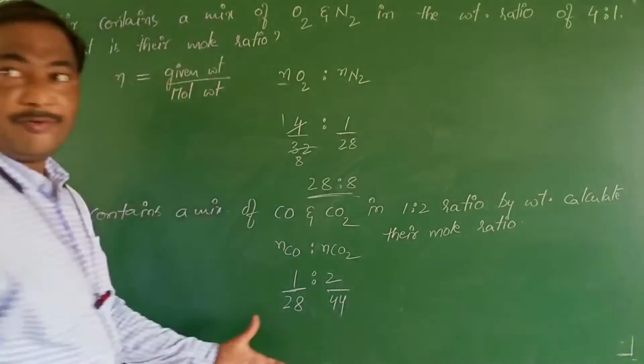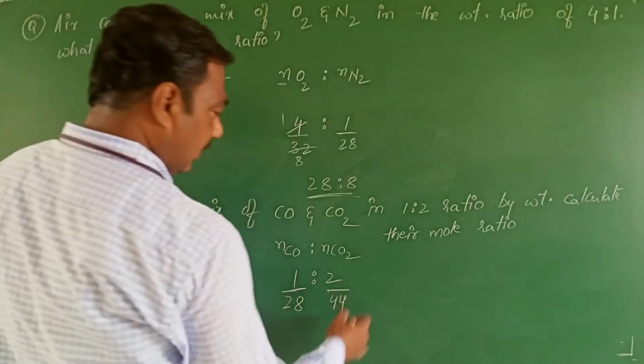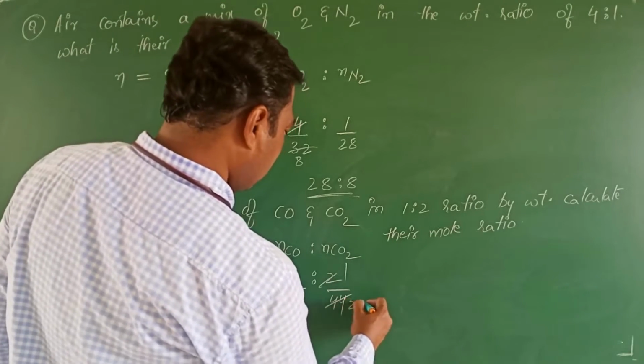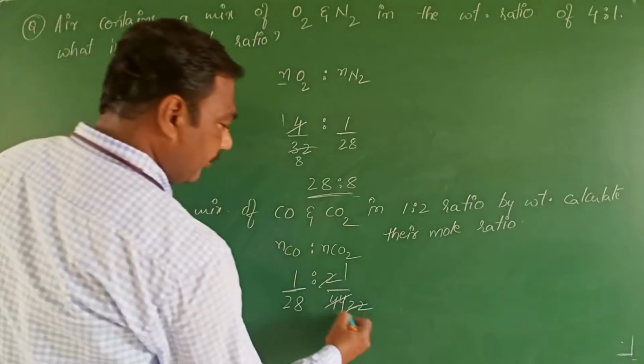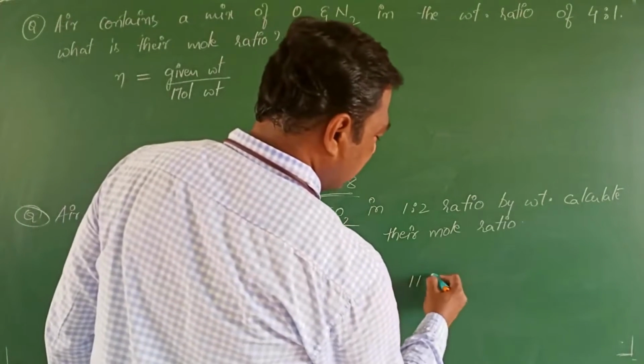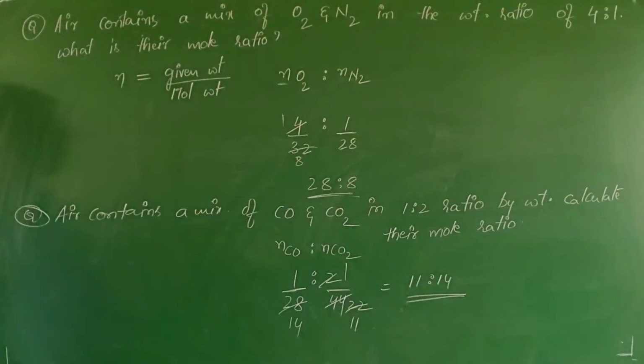How are you going to simplify this? Dividing by 2, it is 14 and 22. If you take 11 here, and here it will be 14. Therefore, it is 11 is to 14 is their mole ratio.